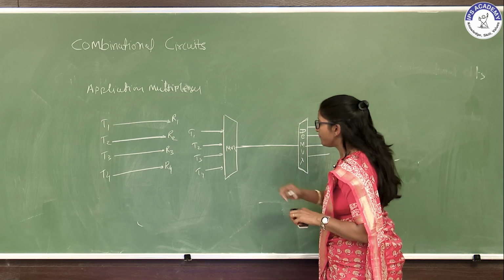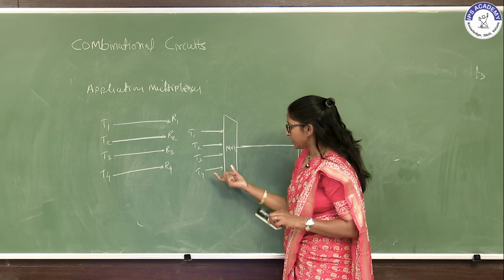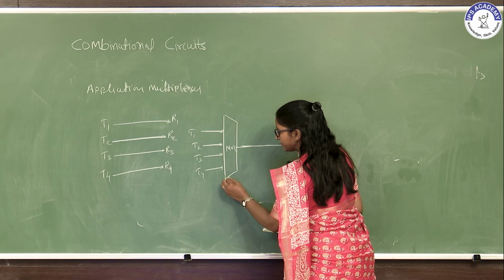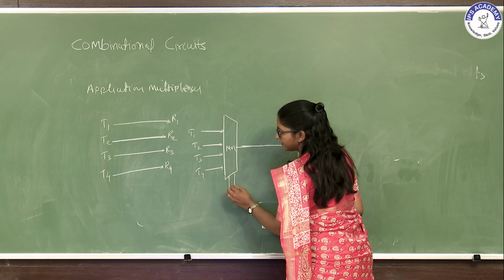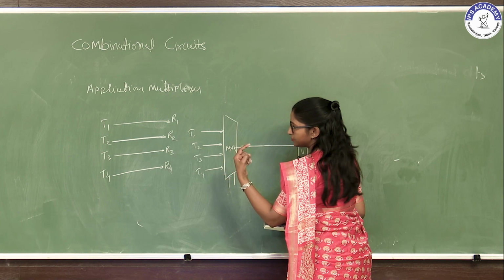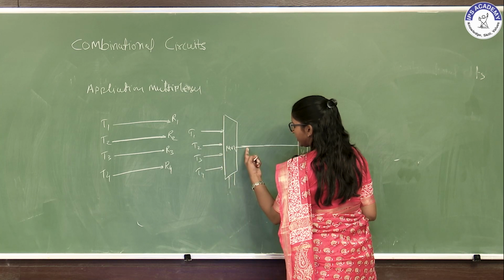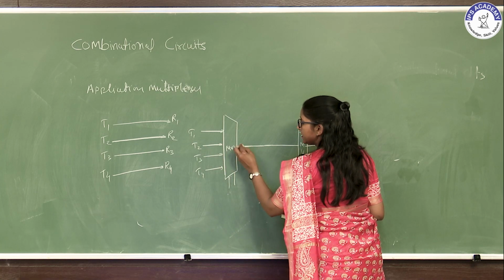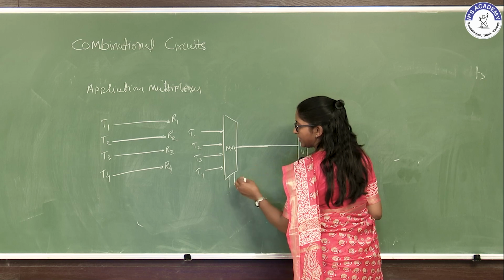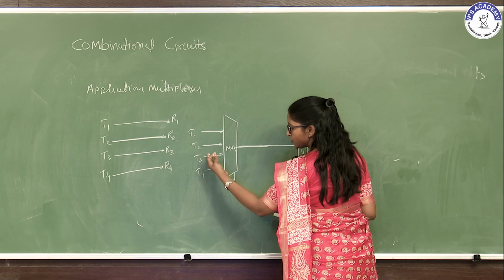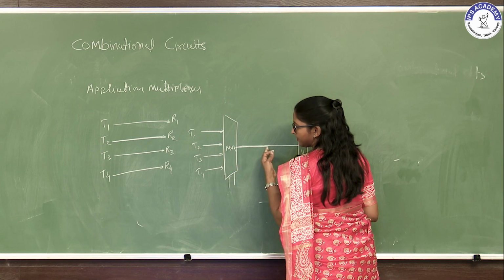When the selecting variable selects the combination 0 0, T1 will be available at the output. When the combination is 0 1, T2 will be available at the output side.